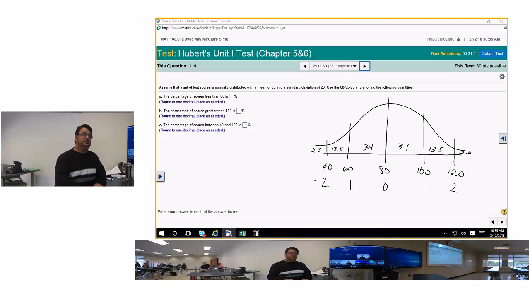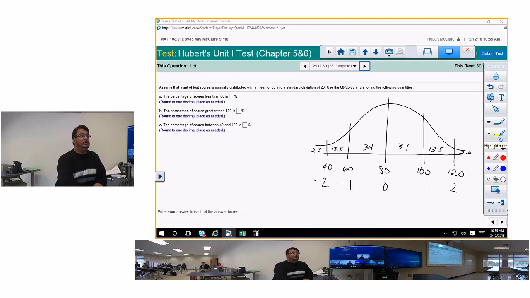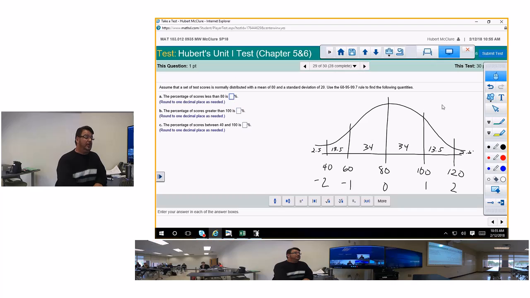What percent is above the middle? The percentage of scores greater than 100: 16. The percentage between 40 and 100: 81.5.